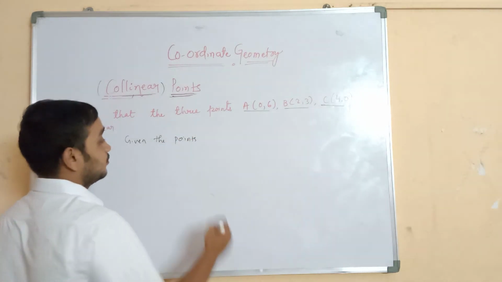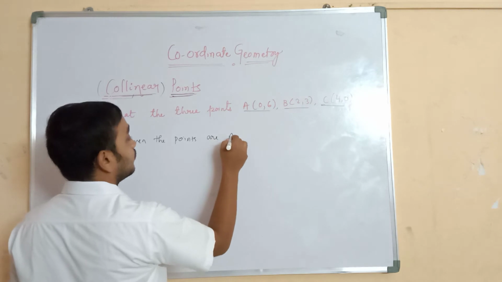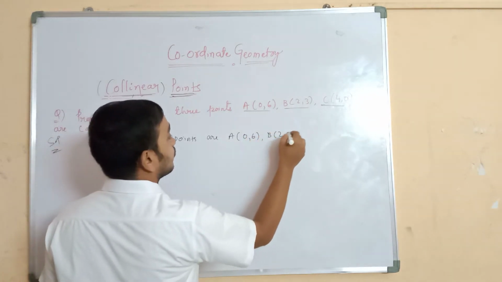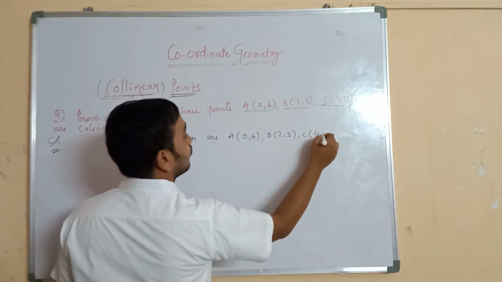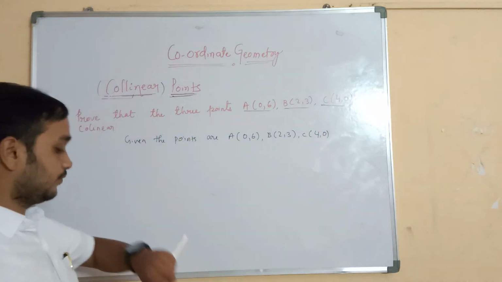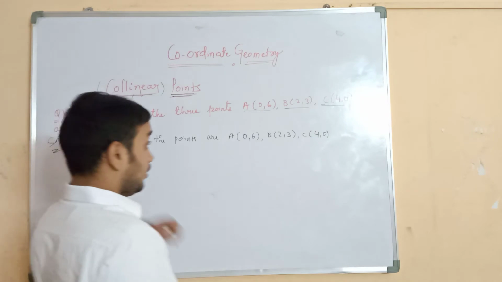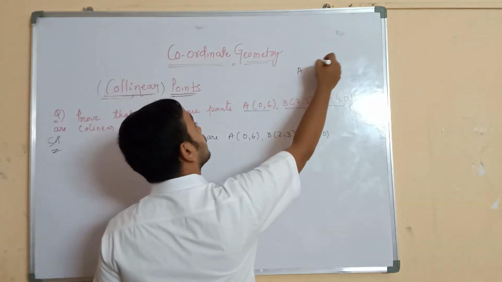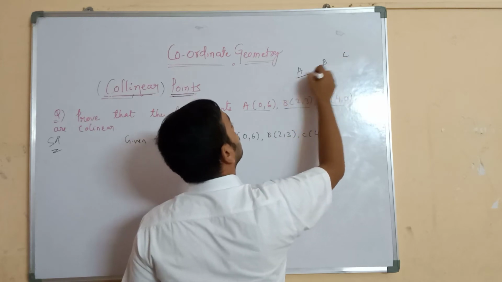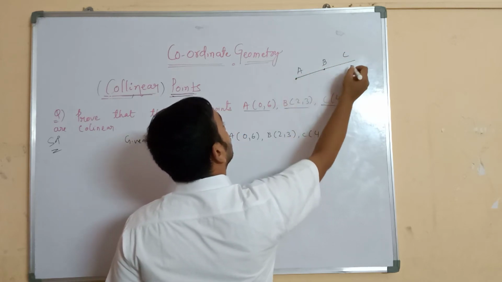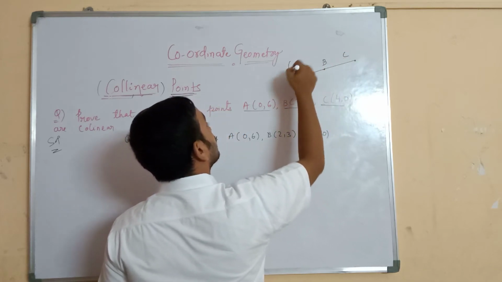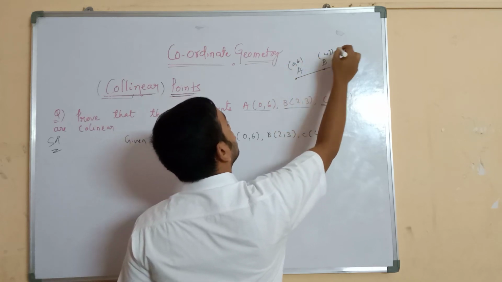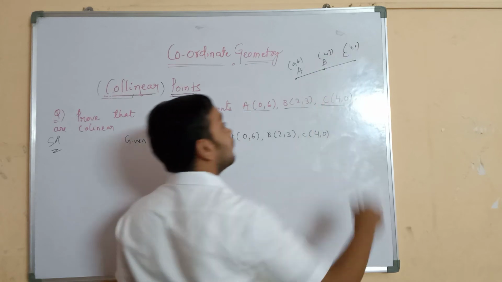Given 3 points: A coordinates 0, 6; B coordinates 2, 3; C coordinates 4, 0.